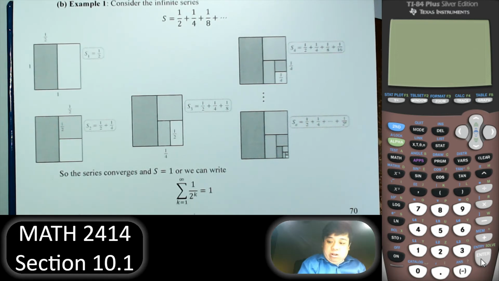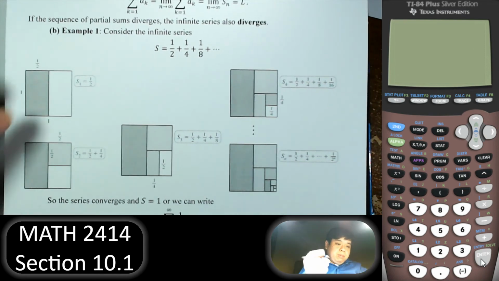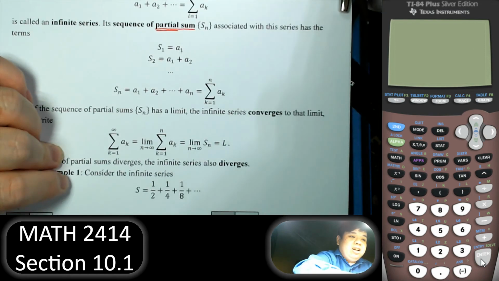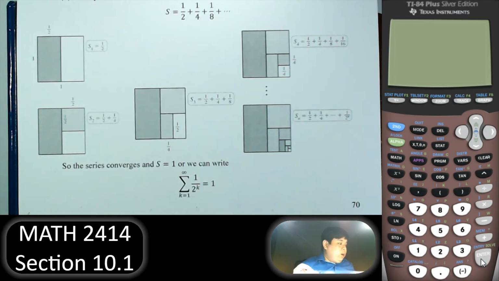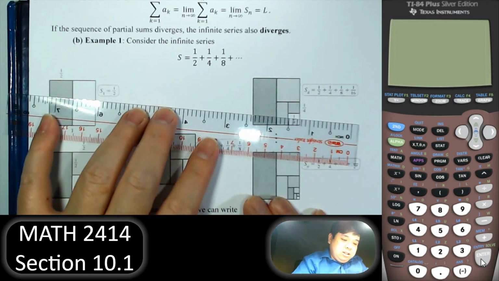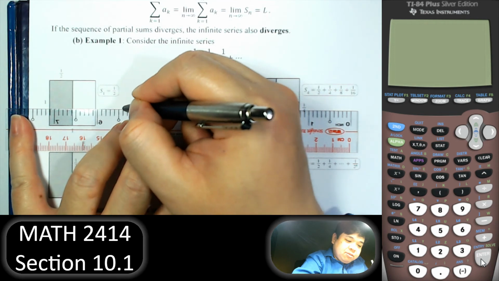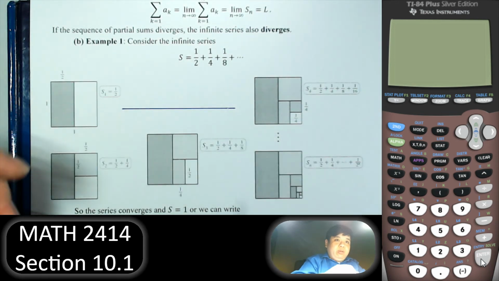Essentially, if we keep doing that, it is equal to 1. And this is actually a very common kind of paradox. Instead of using the square, there's another way to visualize this. I'm going to draw this.